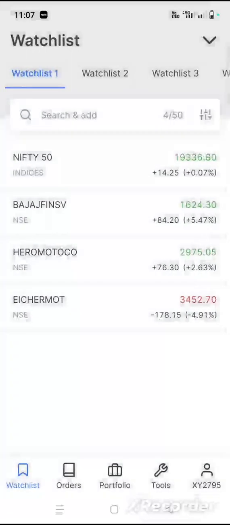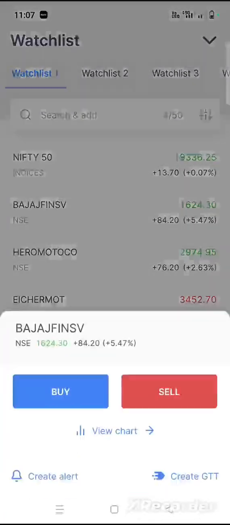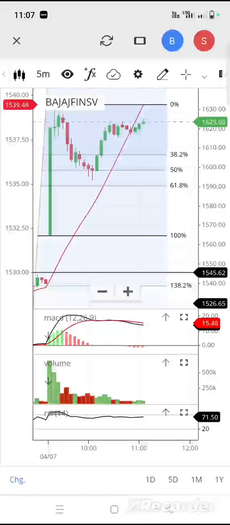So I'm not going to take a trade today. The trader's rule is always, if it's not going towards our favor, it's better to not trade. So I don't take any trade today.